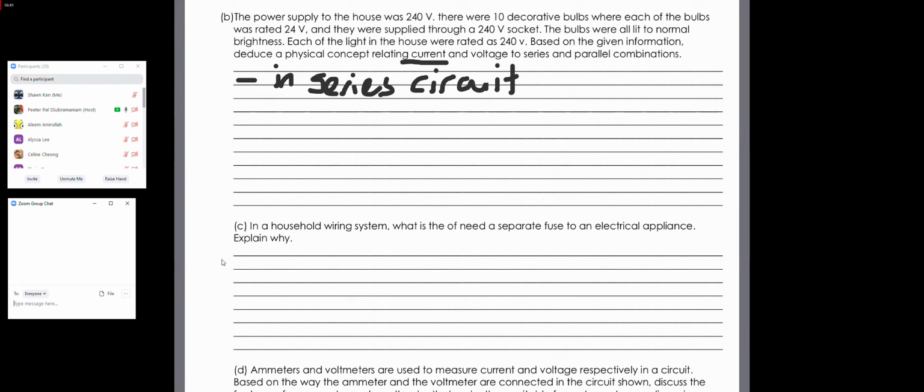In series circuit, the same amount of current flows to all the bulbs.